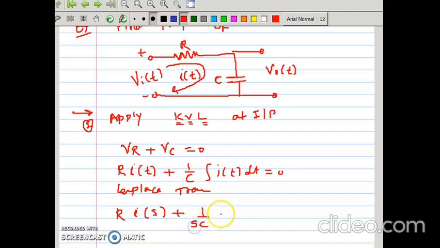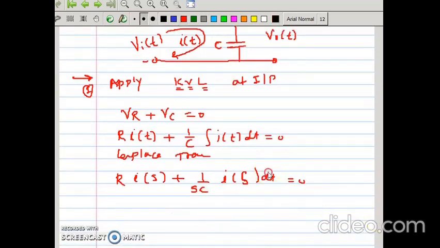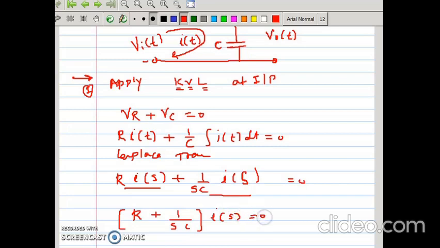It is 1 upon S, I of S, and dt is not required here. Now see what is common in both terms. I of S is common, so R plus 1 upon SC, and outside the bracket I of S is common, right? This is the first step.